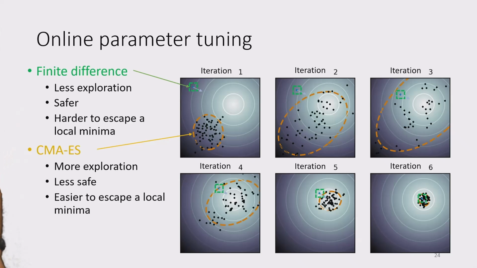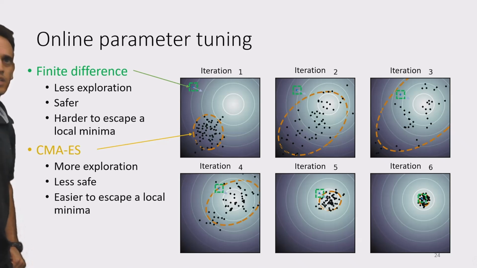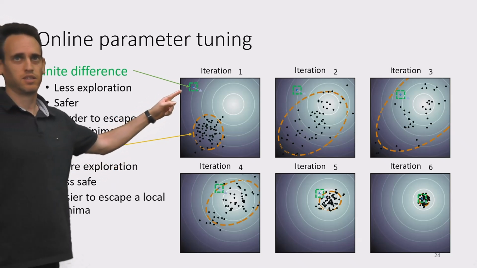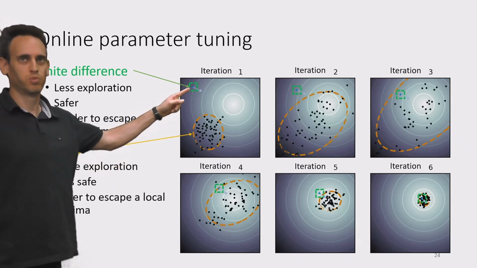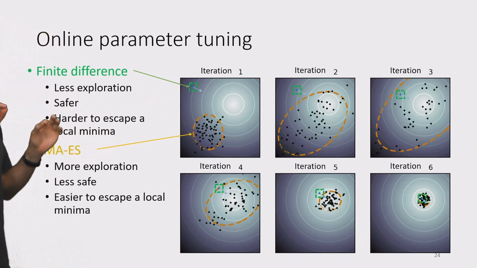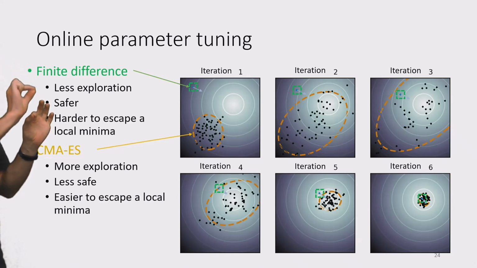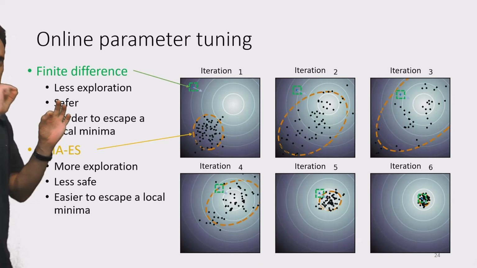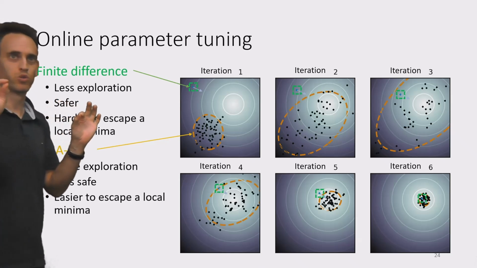Okay, so let's see a quick comparison between the two approaches that we've seen so far, the finite difference approach and CMA-ES. The finite difference approach would be, let's say, this green rectangle around our current point in blue, representing the extra samples that we perform around, right, randomly plus epsilon or minus epsilon around our current point.